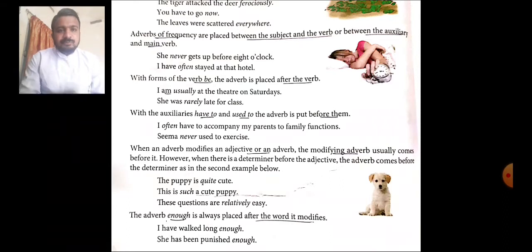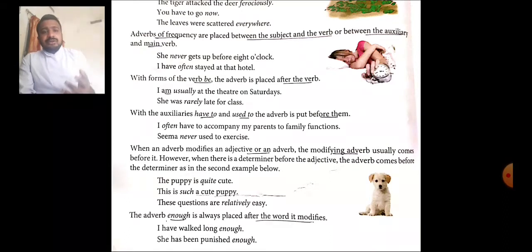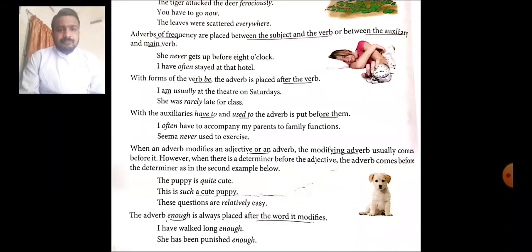There, there is an adjective called cute, and the adverb comes before that. But in the second example, this is such a cute puppy, or these questions are relatively easy, the adverb comes before the determiner.